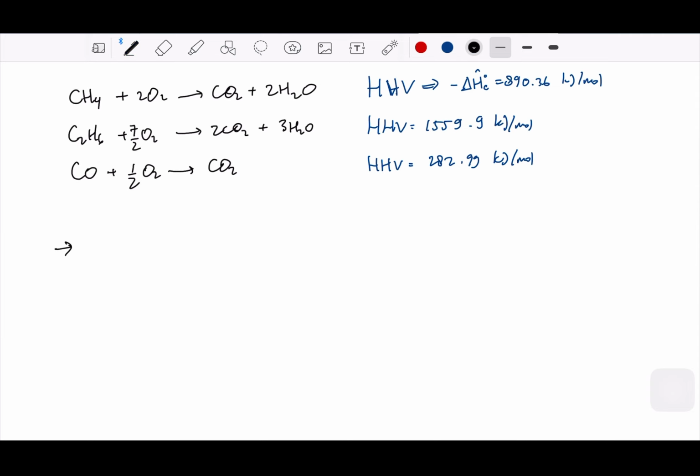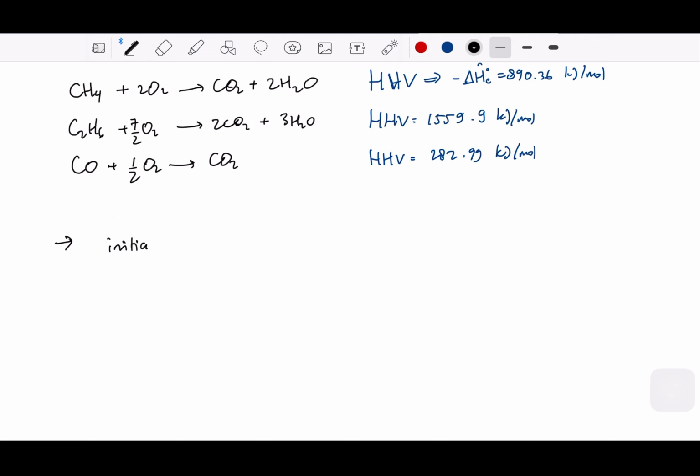What we have in the question is 2 liters. So let me write the initial moles. We need to know the initial moles from the 2 liters, so of course, ideal gas. We can calculate the moles from the liters.